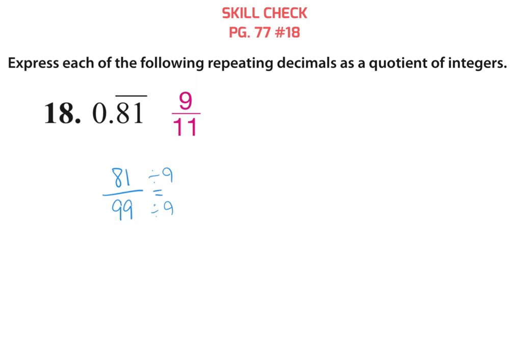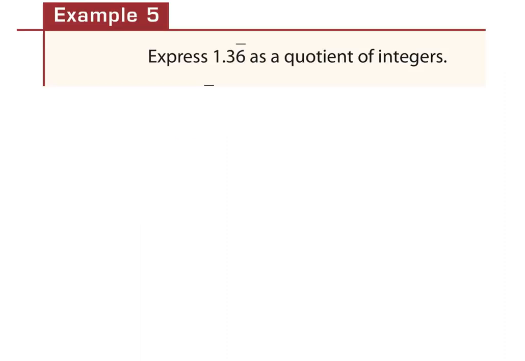All right? So for this one, only the 6 is repeating, okay? So you're going to do really the same method here, but you're going to have to work it out the long way because it doesn't lend itself too nicely towards a shortcut.